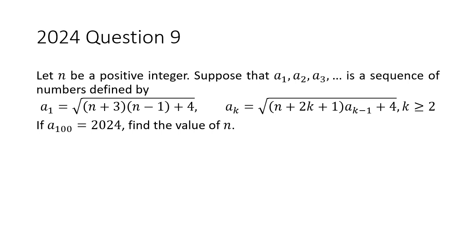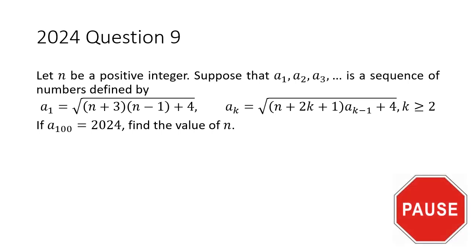And the general term ak is equal to the square root of (n plus 2k plus 1) times the predecessor term a(k minus 1) plus 4, where k is an integer greater than or equal to 2. And we are told that a100 is 2024. Find the value of n. Pause the video here and give this question a good try.